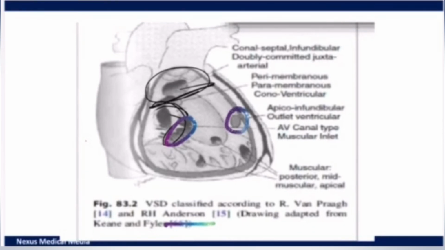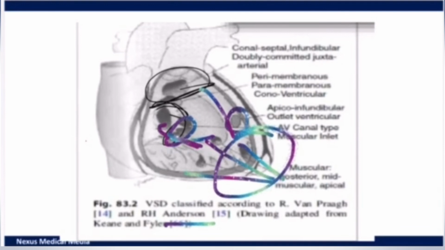Here is the outlet because it is in the outline. Here it is your muscular inlet. Why? Because it is on the muscle. And all of these would be called your muscular posterior. Can you notice all of them are on the apex? That's why they are called apical defects.